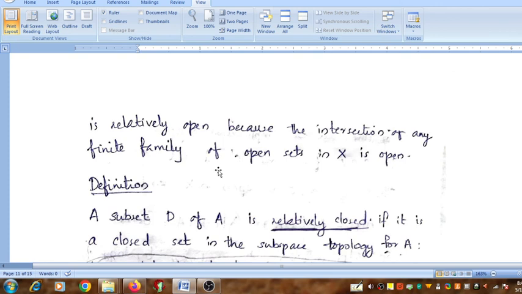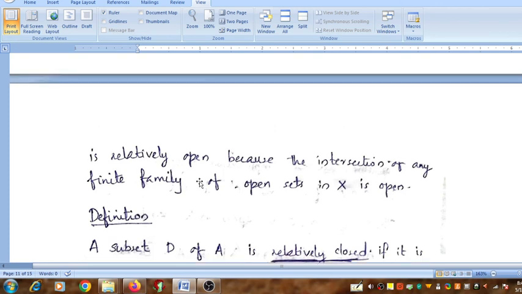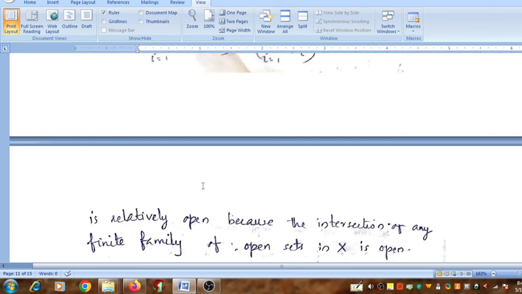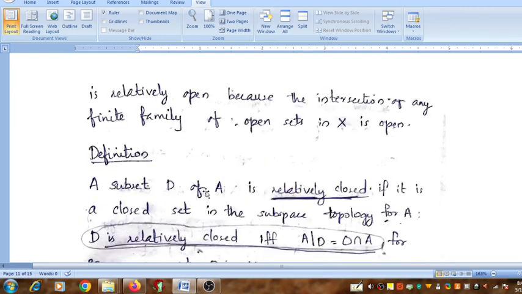Tau prime is a collection of subsets of A, and all its members satisfy all three axioms of the topology. So tau prime can become a topology.